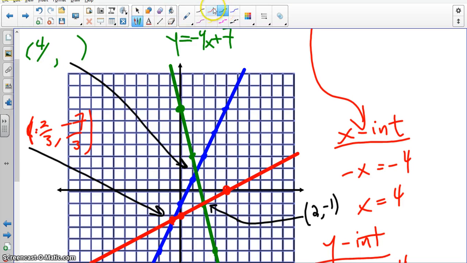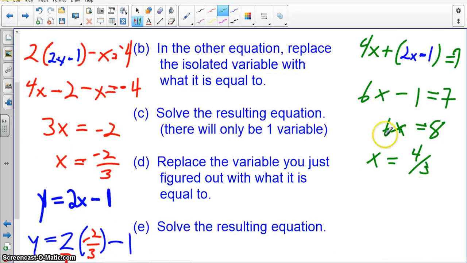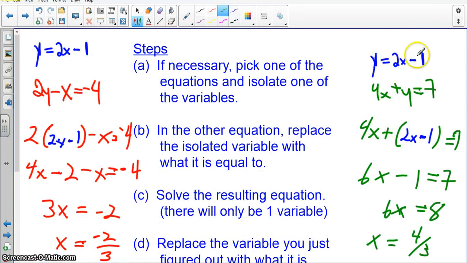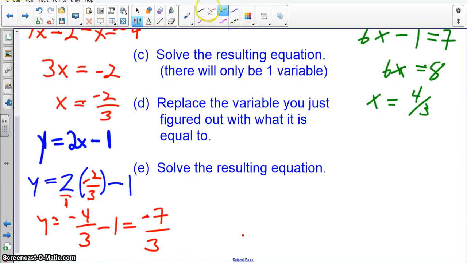Okay, and then we do the same thing. We go back and we plug the 4/3 into this here. Either one of the two equations from the beginning is fine, but if you have one of the variables by itself, might as well use that one. So we have y equals 2x minus 1.